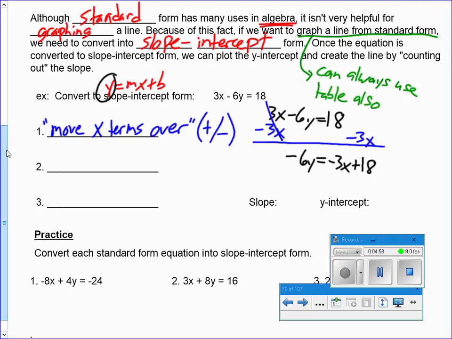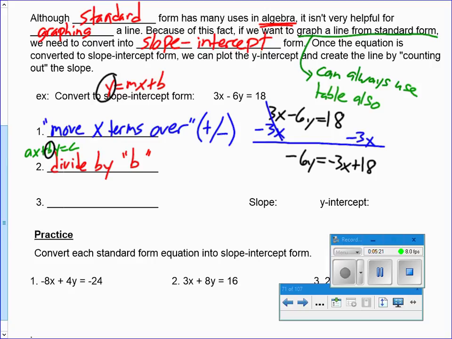So we're going to divide by what we call b in the original standard form equation. It's this b number in front of y.